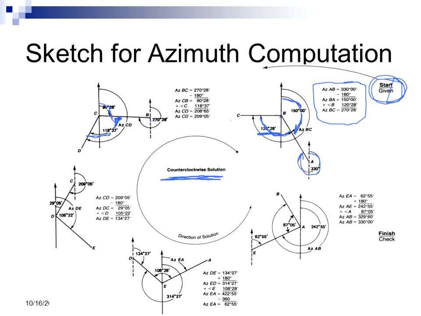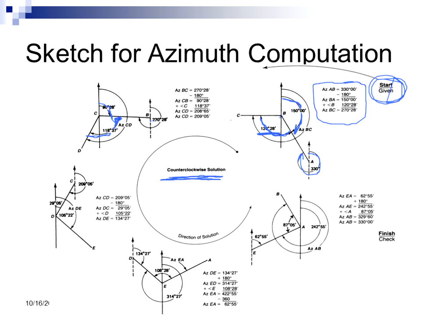We're going to add the angle here at C. Right here is our reverse azimuth. So we're adding the angle at C of 118 degrees and 37 minutes, giving us an azimuth of C to D of 209 degrees and 5 minutes.